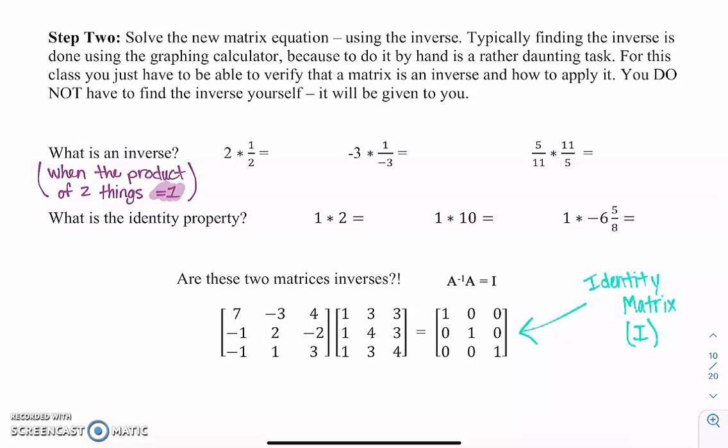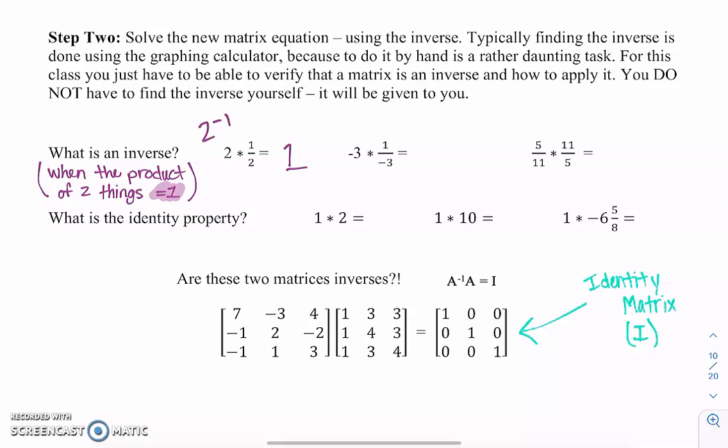So the inverse of something, when you multiply the original and the inverse of the original together, you're going to get a value of 1. Like 2 times 1/2 gives you the value of 1.